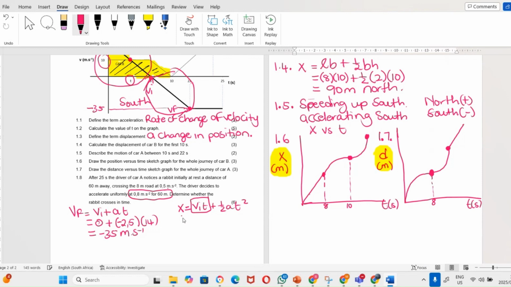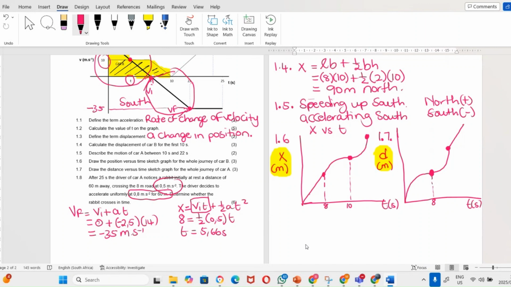We know the length of the road is 8 meters, so 8 is equal to a half. We are given the acceleration of the rabbit here as 0.5, so we can substitute that as 0.5. Then we could find the time. We make t the subject of the formula. If we do that, we are going to get 5.66 seconds. So it takes that time for the rabbit to cross the road.